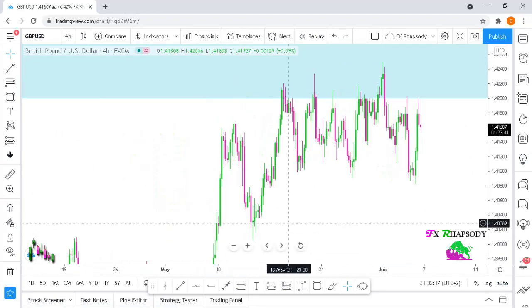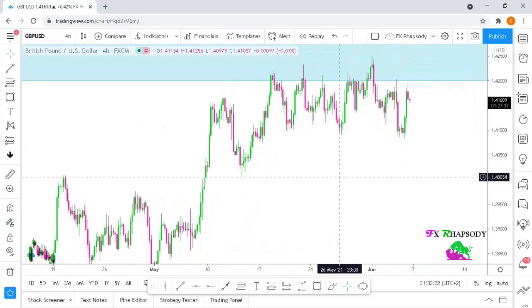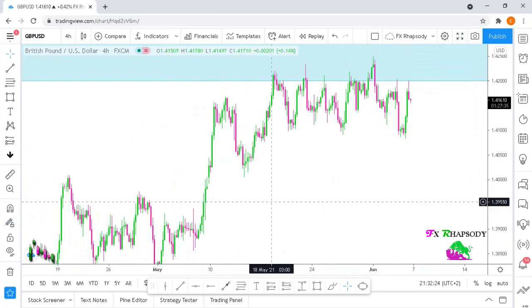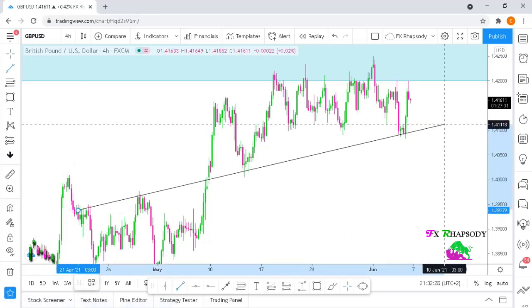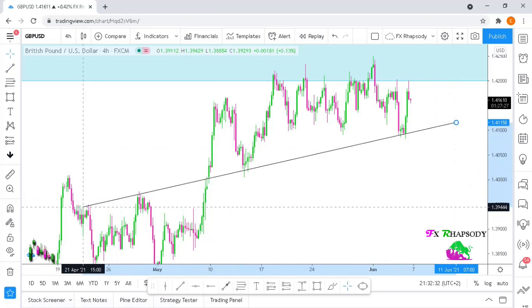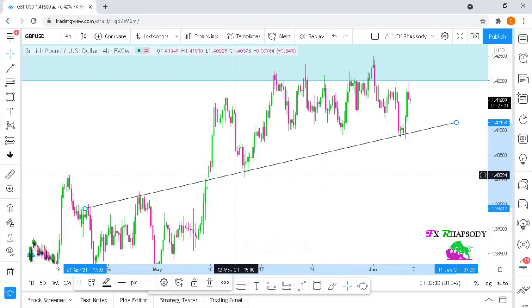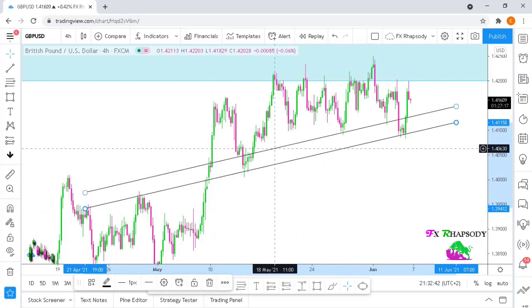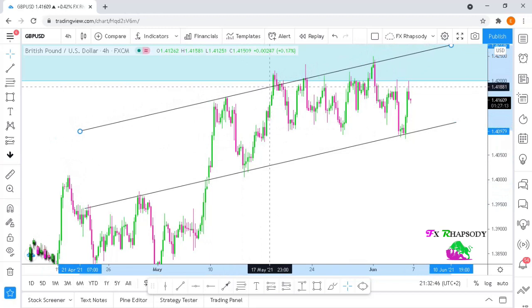So just want to zoom out a little bit more again. Okay, so on a 4 hourly basis, we can see that there's another trend line. This is all price action, guys. Just remember, all currency pairs, anything, if you understand price action, you're going to go a long way. So there we go. Just going to put it right there.